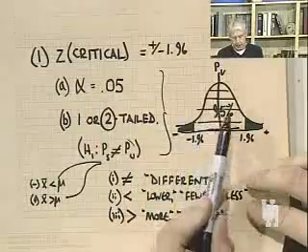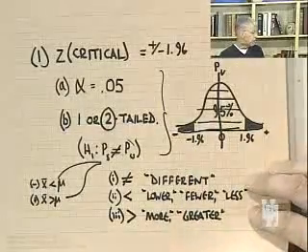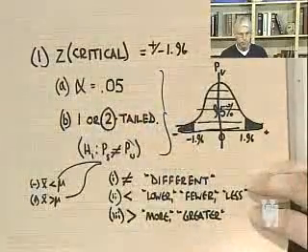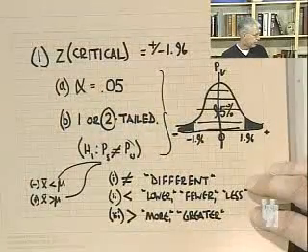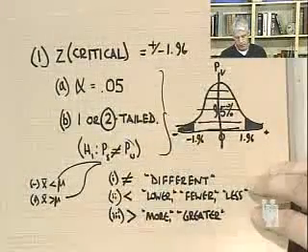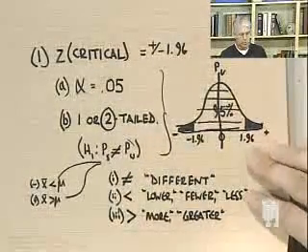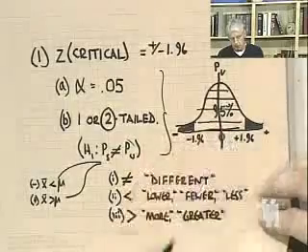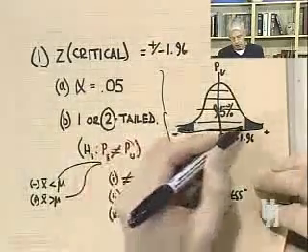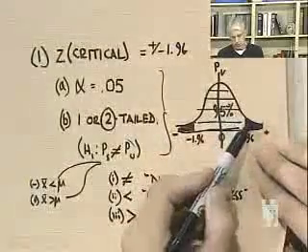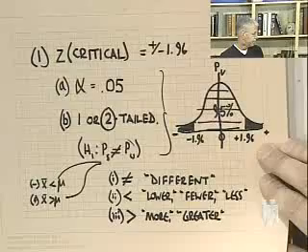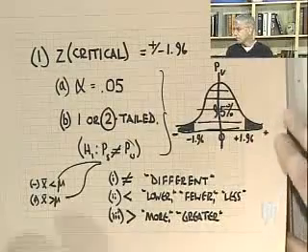Because everything in there, you have concluded, is not significantly different from P subscript U. It's only beyond these barriers, in this case plus and minus 1.96 standard deviations, that events, scores, are seen to be significantly different from P subscript U. Yeah?